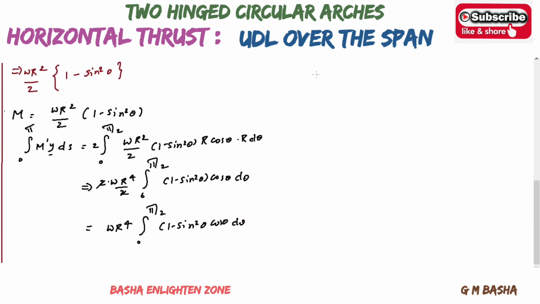And again here I will simplify. Put sin theta equal to t. Differentiate this: you will get dt equal to cos theta d theta. So if you substitute the value here, what you will get: W r power 4, integral of 0 to pi by 2 of (1 minus sin square theta), that is (1 minus t square), cos theta d theta, that is dt.